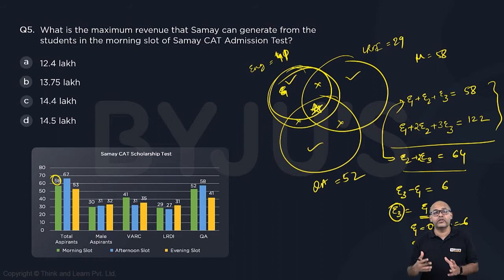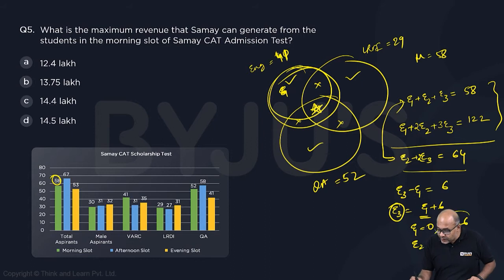This is the logic with which you get your maximum minima. So follow these 3 steps whenever you're dealing with 3 parameter maximum minima. We can see that 52 people will clear the cutoffs in exactly 2 sections, and 6 people will clear the cutoff in all 3 sections.